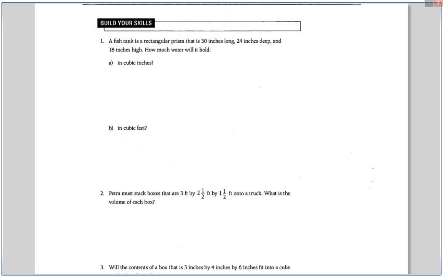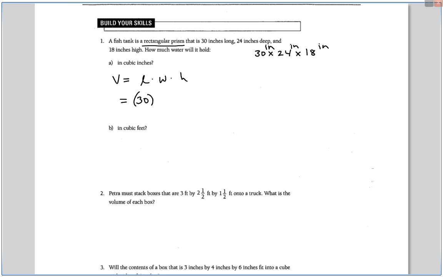The first example is a fish tank, which is a rectangular prism. 30 by 24 by 18, and these are all in inches. When you multiply all those things, you'll get the volume. The volume formula is just length times width times height.